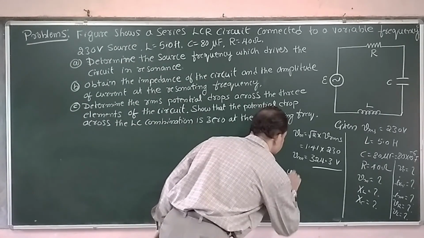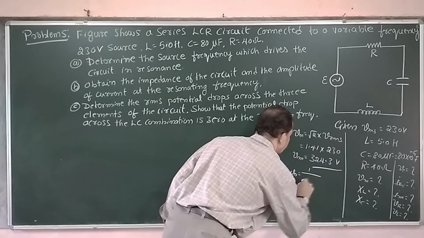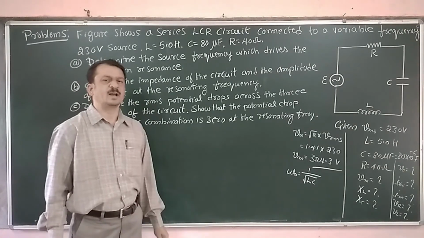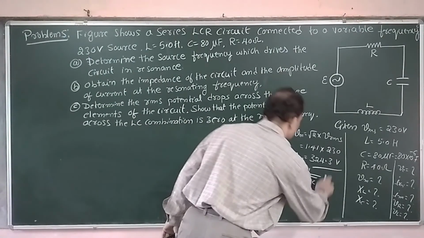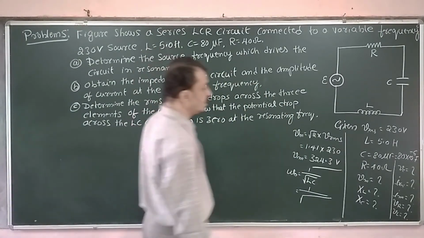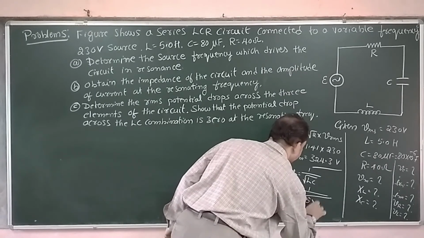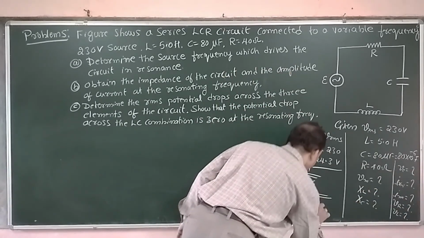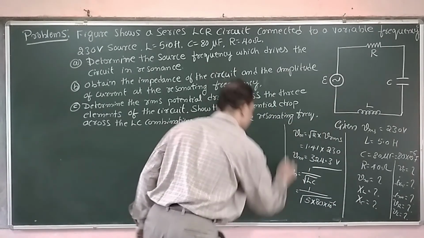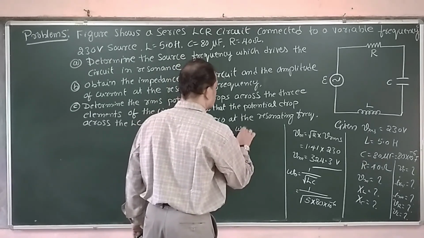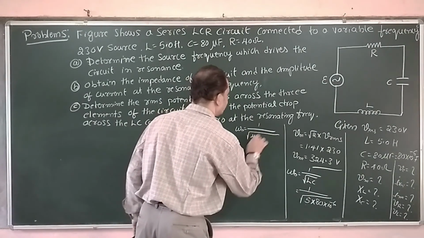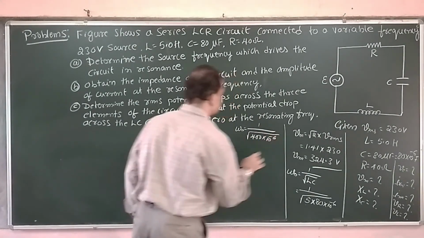Now the resonance frequency omega naught is given by 1 upon root L into C. Okay, we will work out angular frequency omega naught. That is equal to 1 upon under square root, what is L? It is 5 into capacitance C, 80 into 10 to the power of minus 6. Therefore, omega naught is equal to 1 upon 80 into 5, it is 400 into 10 to the power of minus 6.